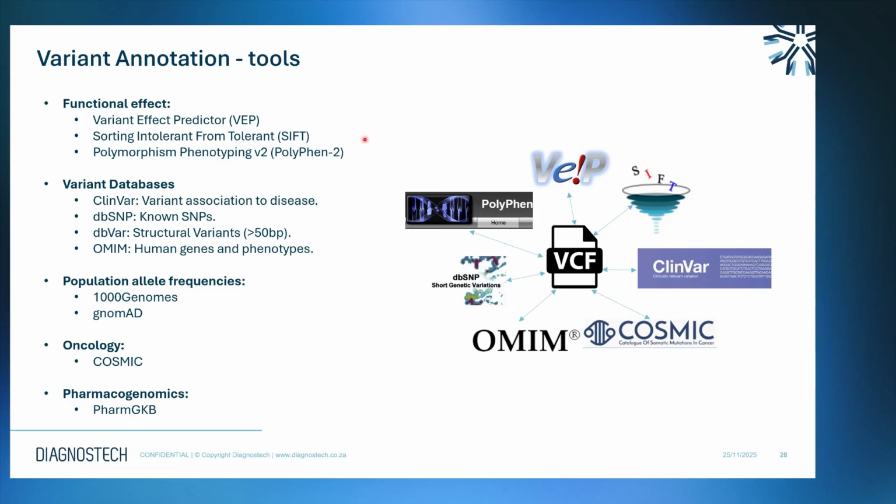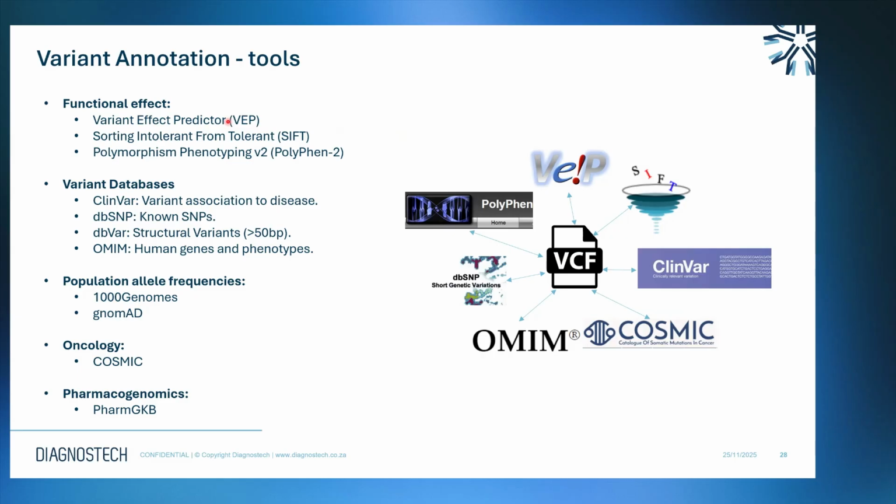So once we have our variant, there are many ways to figure out how pathogenic it is. Firstly, we want to determine the functional effect. Here are some common in silico tools that predict how bad the functional effect is on the protein based on the variant that has been called.